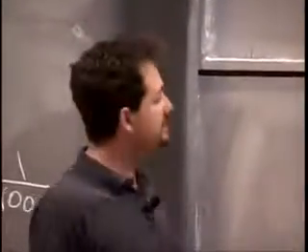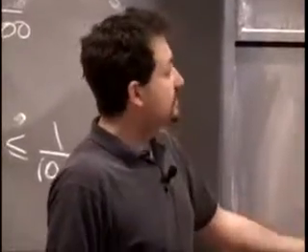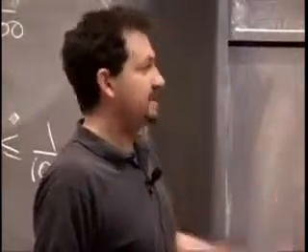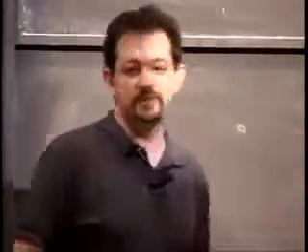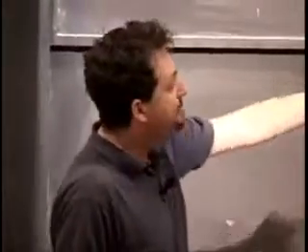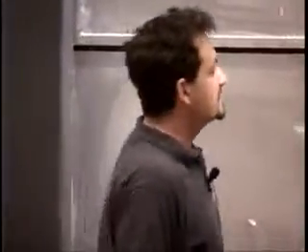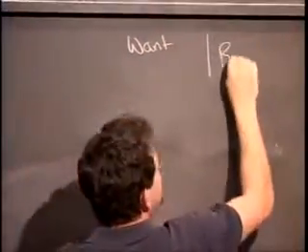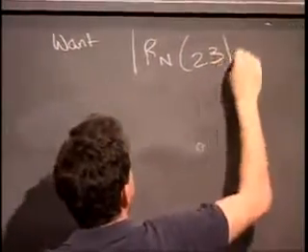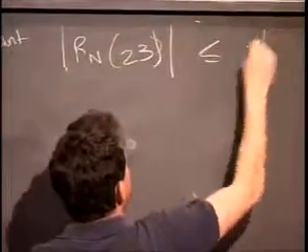I don't know what n is, but I've plugged in a and x. It's pretty feeble. That's all we've done. Now it's time to get serious. I want that error in absolute value to be less than 1 over 250. So we want the absolute value of Rn of 23 to be less than 1 over 250.